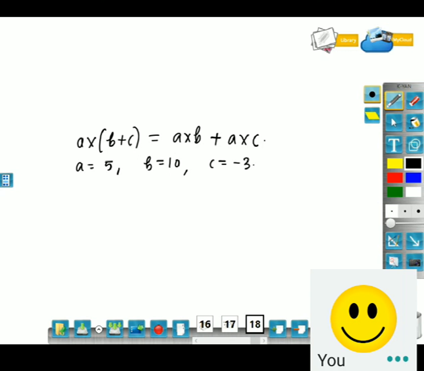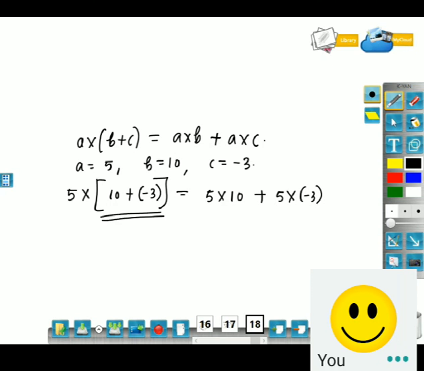Okay, so we'll put the values of A, B, C. The A is 5 into [10 plus -3] is equal to 5 into 10 plus 5 into -3. So already we have learned in Bodmas rule, under the bracket whatever it is there, that you have to simplify first. So here we are having this square bracket that we need to simplify first.